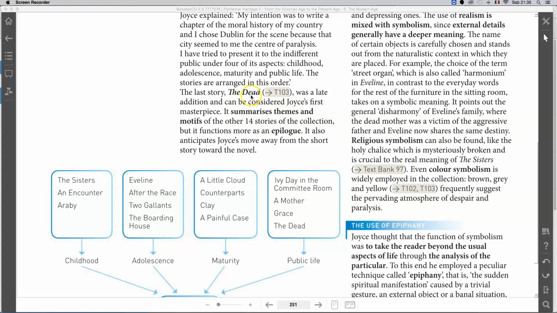The last episode summarizes all the themes and the motives of all the other 13 stories of the collection, and it functions as an epilogue, as a final section of the work. And this episode also anticipates Joyce's move away from the short story toward the novel.